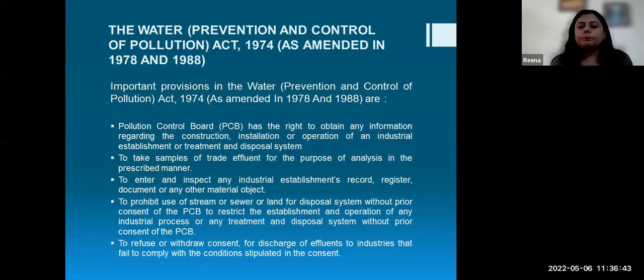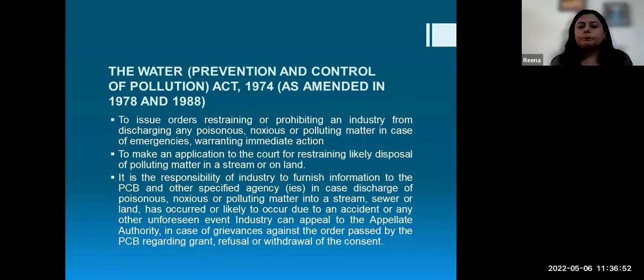The pollution control boards can restrain and prohibit any industry. They have been given the power of visiting any industry which is causing pollution and issuing warnings and asking them to curtail and mitigate that pollution immediately.